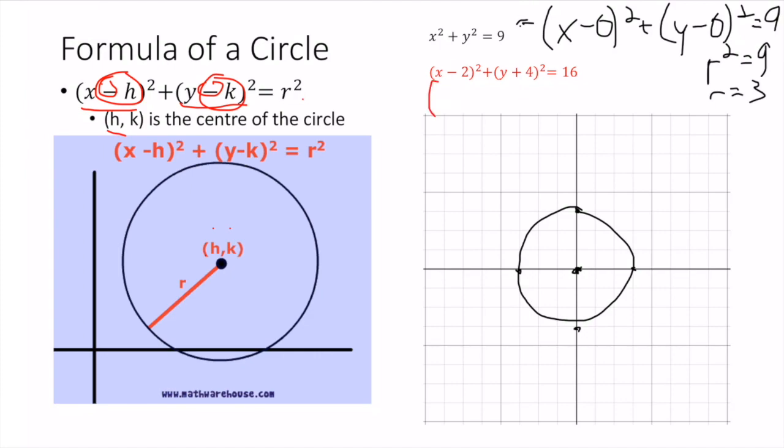For the center of this circle, again, I want to flip whatever's in front here. So this is positive 2 and negative 4. My radius squared is 16, so my radius is just 4. So 1, 2, 1, 2, 3. Here's the center, and a radius of 4. So 1, 2, 3, 4.